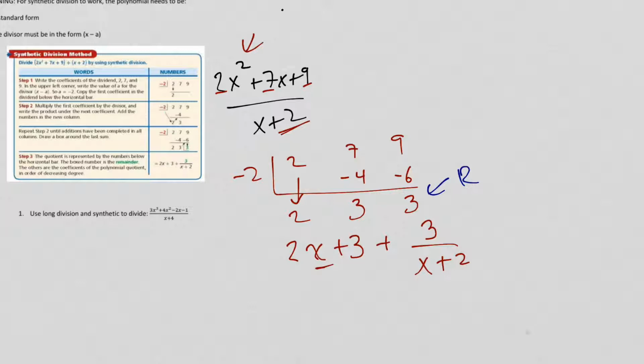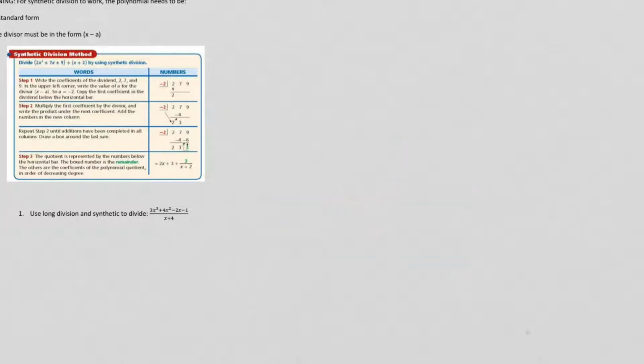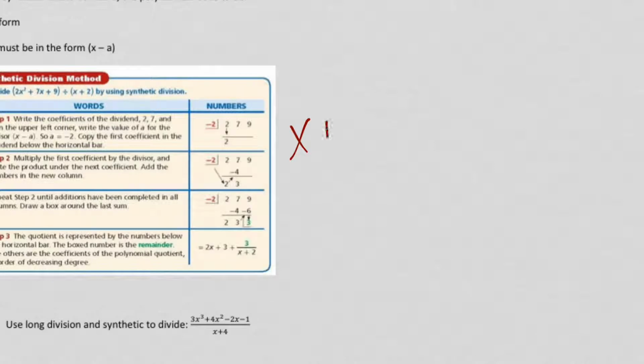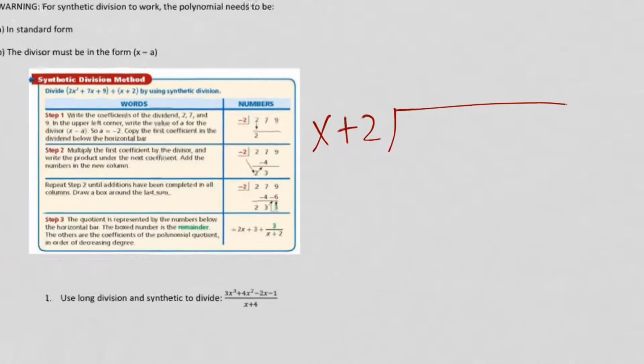If you guys want, I would actually encourage this. I would welcome this challenge. Try to use long division here and see if you get the same thing. In fact, I'll take a moment to do it right now.